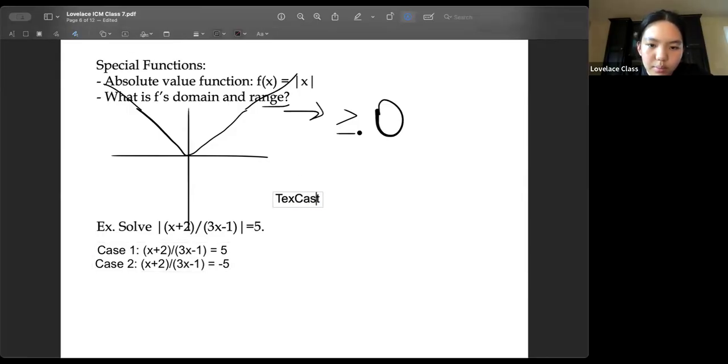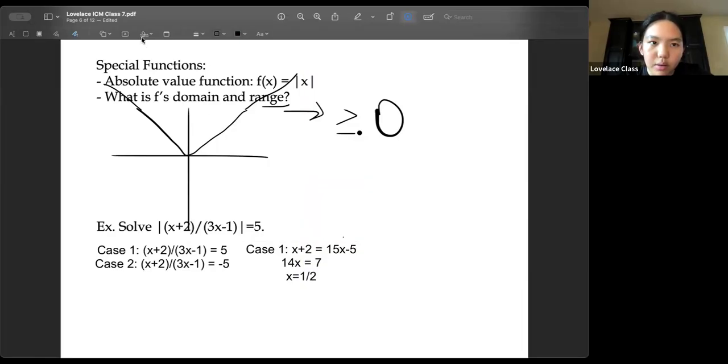So case 1, we move everything over so we get x plus 2 is equal to 15x minus 5. So that gives us 14x is equal to 7, right? So x is equal to 1/2. And then we can just do the same for case 2.